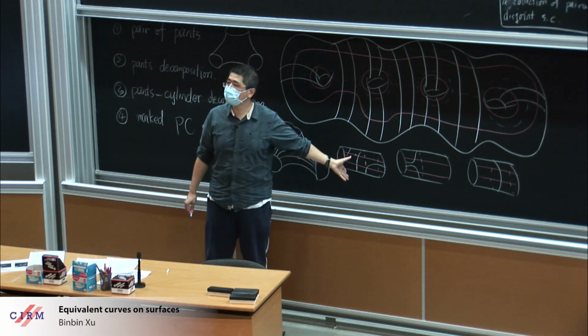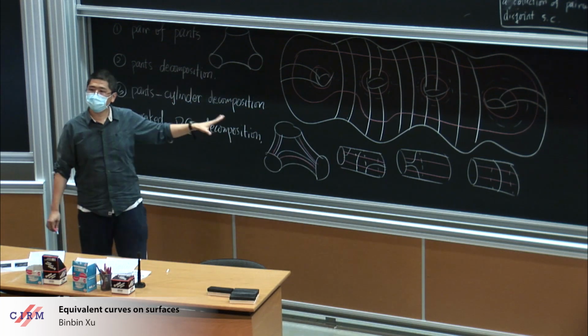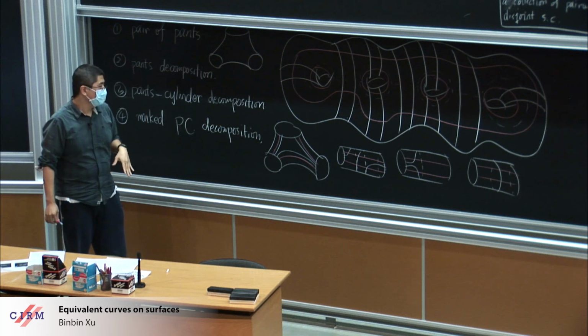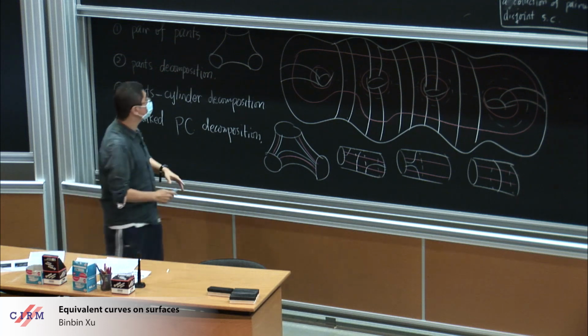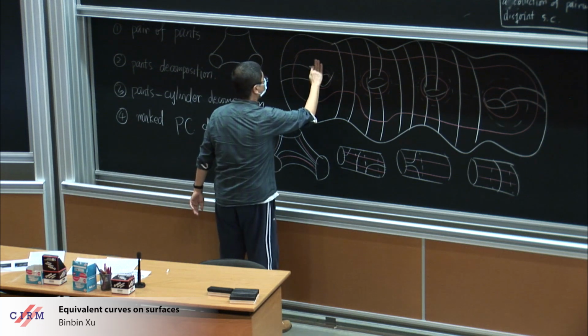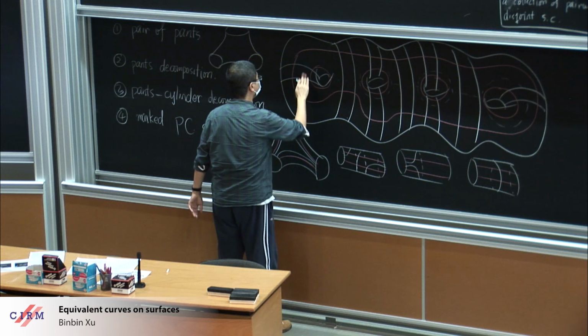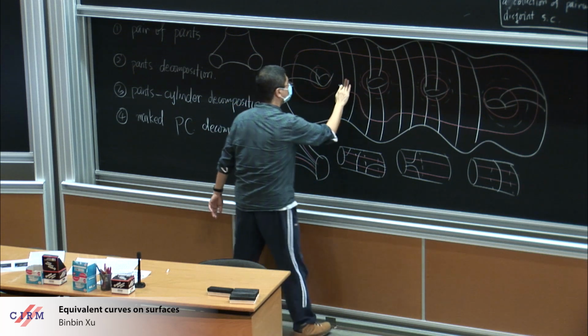So the cylinder information will determine the information of the curve in the pair of pants. And once we have this, we can draw one example to see how it works.